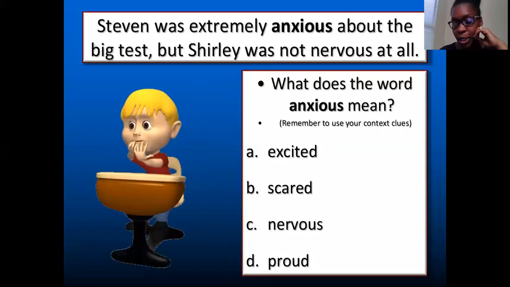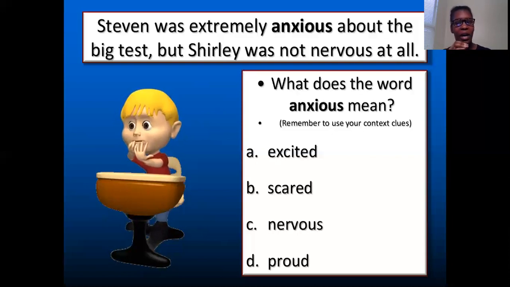Okay, let's look at another one together. All right, it says, Stephen was extremely anxious about the big test, but Shirley was not nervous at all. What does the word anxious mean? Now, notice that the word but is right in the middle of that sentence.